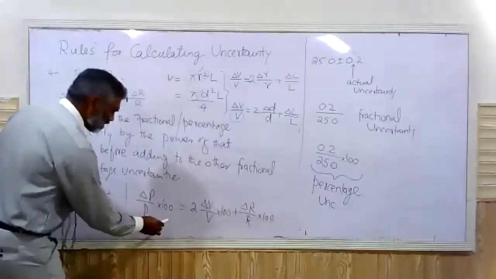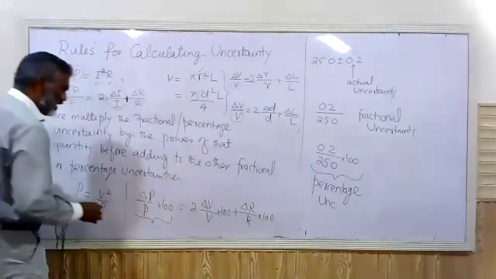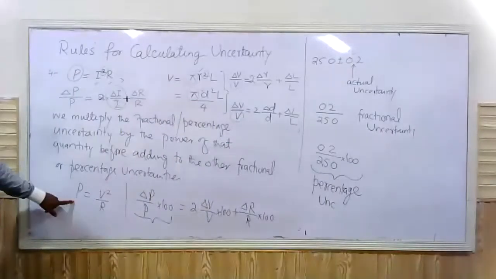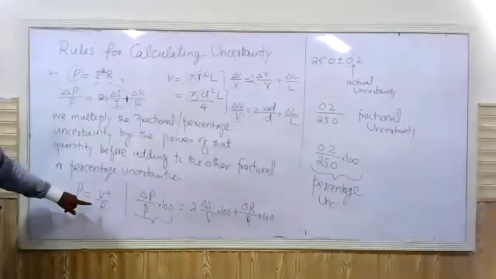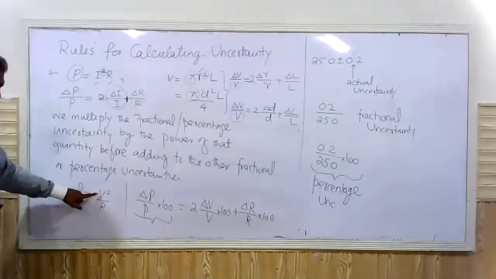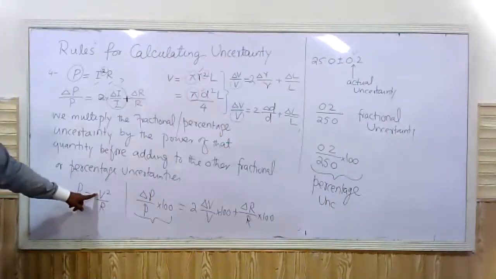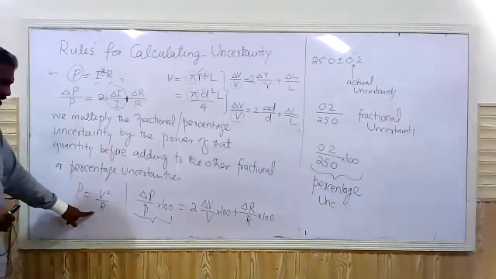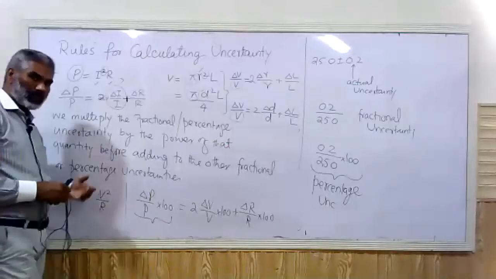That means percentage uncertainty in the value of power is equal to 2 times the percentage uncertainty in V plus the percentage uncertainties in the value of resistance.